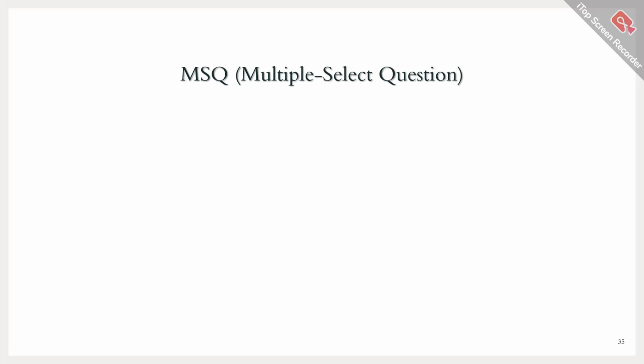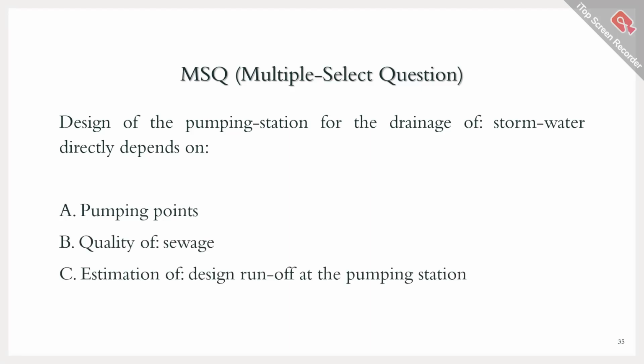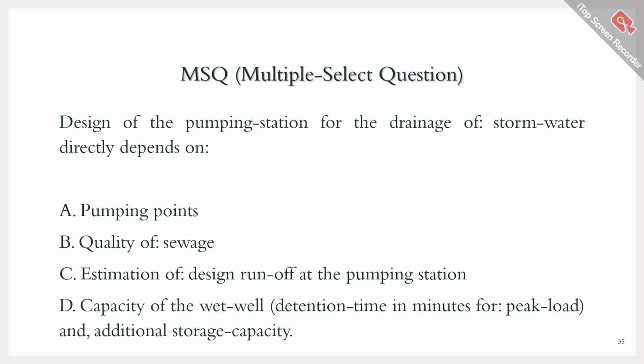So now our next is one MSQ, multiple select question. More than one option may or may not be correct. Design of the pumping station for the drainage of storm water directly depends on: option A, pumping points; option B, quality of sewage; option C, estimation of design runoff at the pumping station; option D, capacity of the wet well and additional storage capacity.